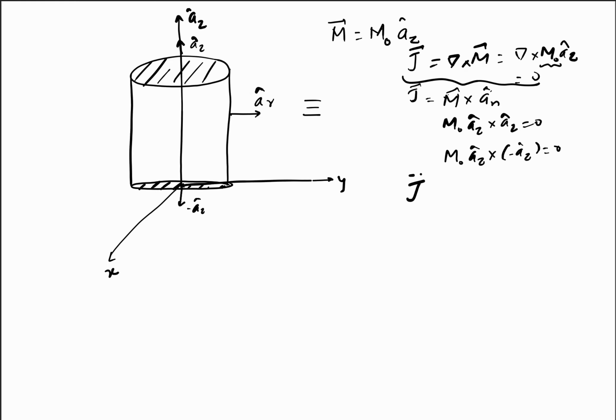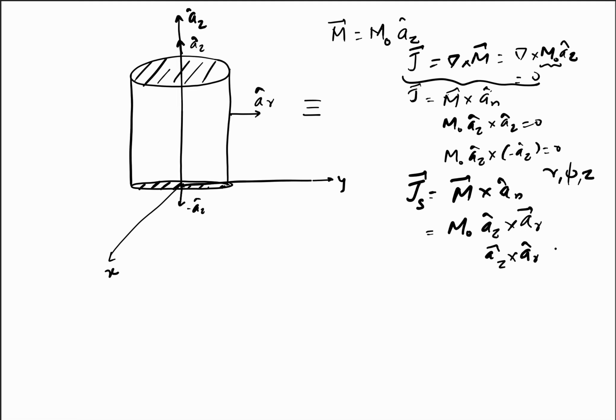So the surface current density is M cross an, which is equal to M naught az cross ar. Now for cylindrical coordinates, az cross ar is equal to a phi. So you see the surface current density is M naught a phi.